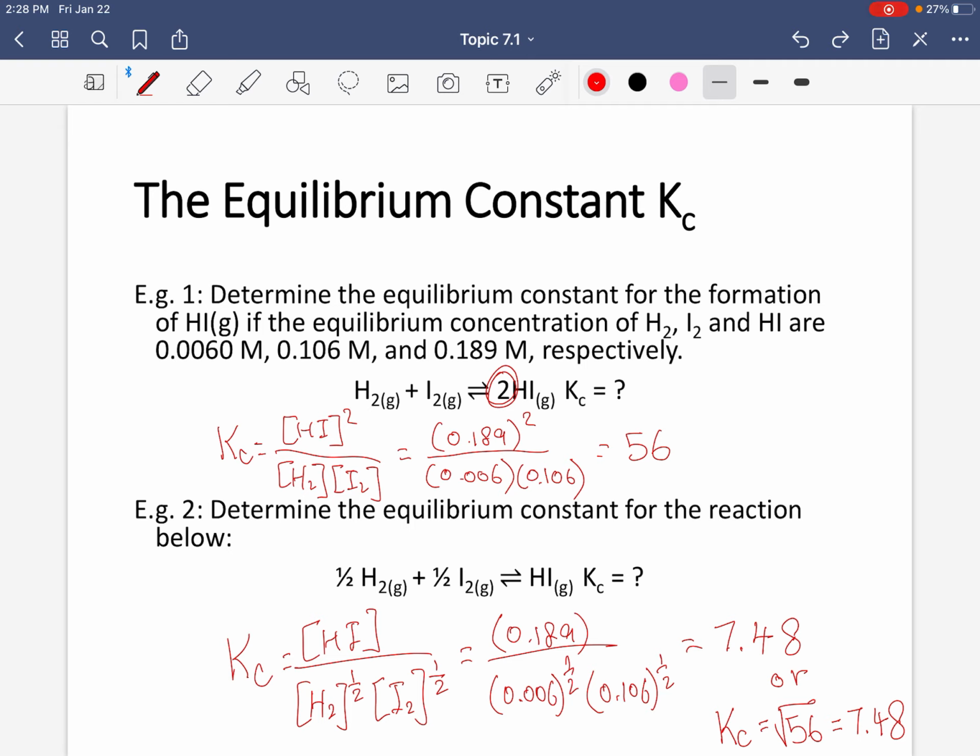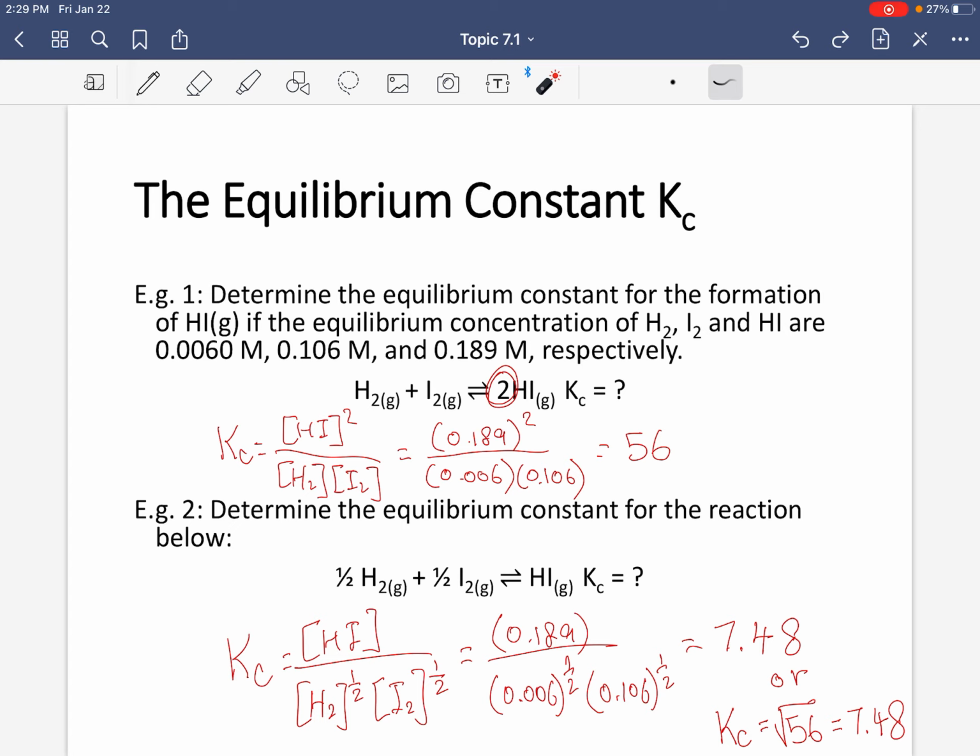Now, what if you do this? What if you decrease everything by a third? In this case, this will be 2/3, 1/3, 1/3. By a half you take the square root; if it's a third, you take the cube root.